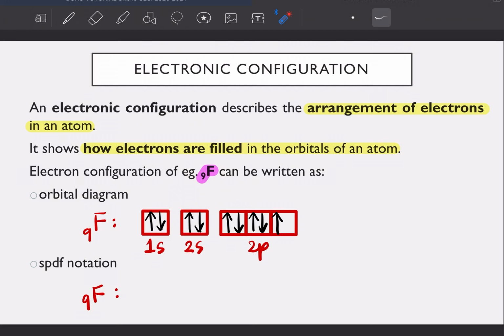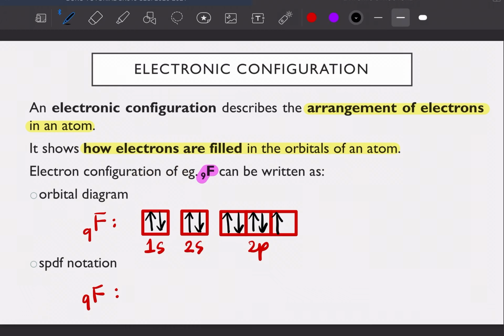So that is your orbital diagram, and make sure that your electron is represented by double-headed arrows. The different spins: spin up means it is plus half, meaning clockwise. The spin down will be minus half, anti-clockwise.